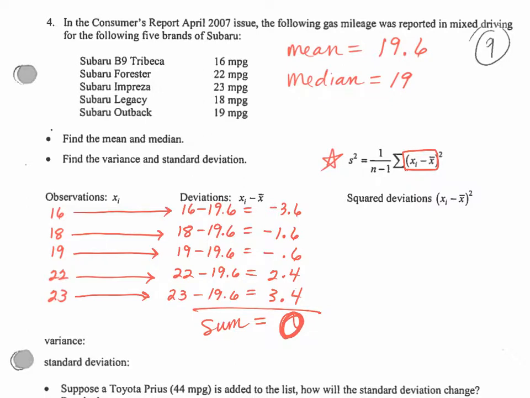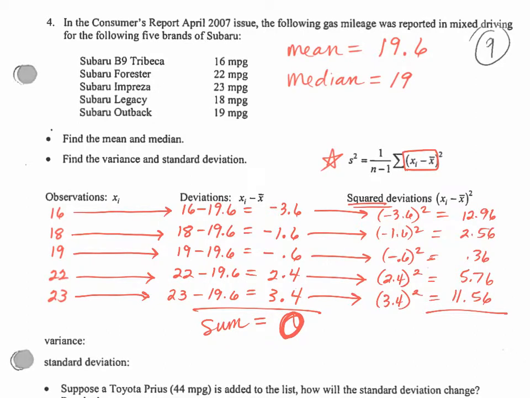Hence, the reason that we have to do what? Square those. So I now want you to take all of these numbers over here and square them. Okay, so you have now squared those deviations.